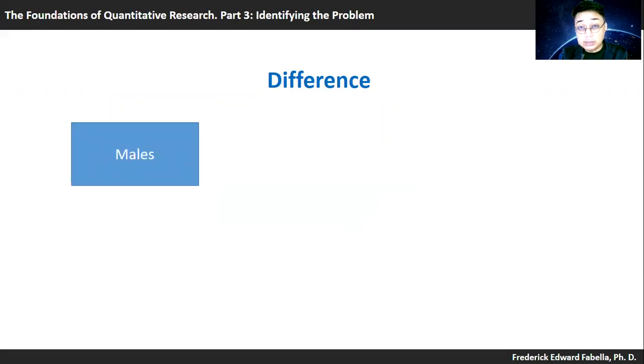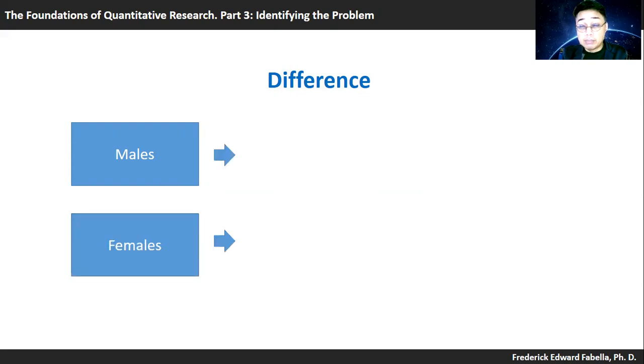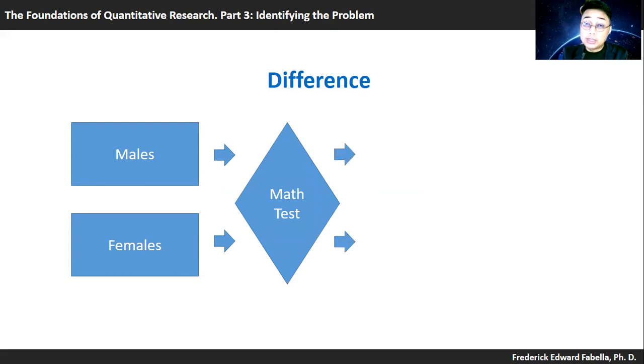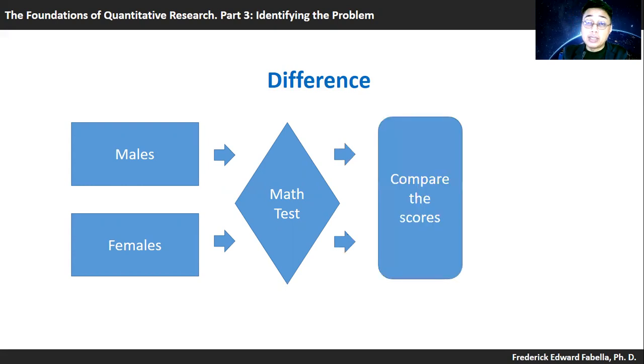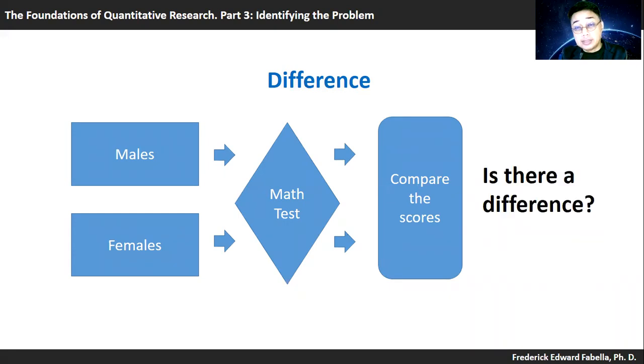First, you divide your group into males and females, and then of course you give both groups the same math test. And of course, there will be scores yielded. And what you do is you compare the scores. And once you have the scores, you can ask whether or not there is a difference.